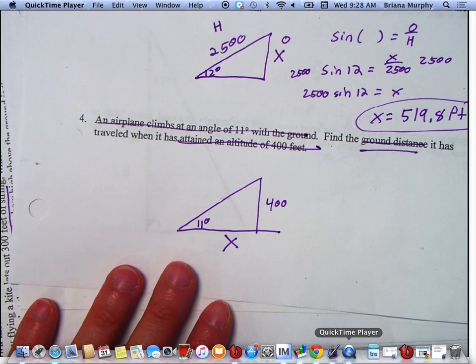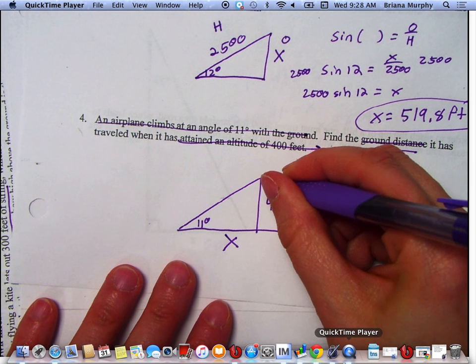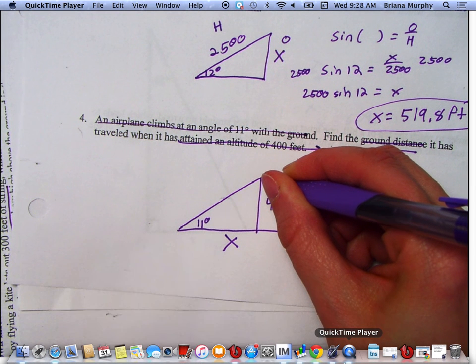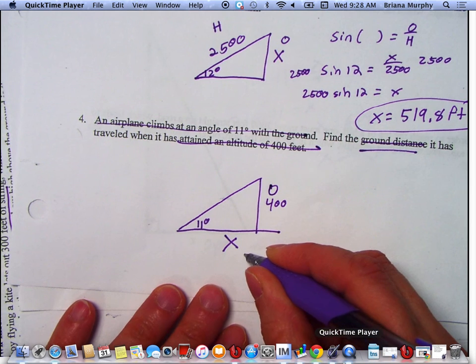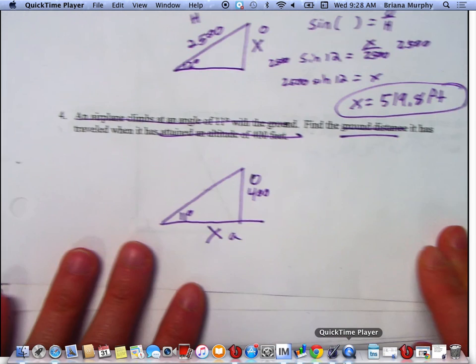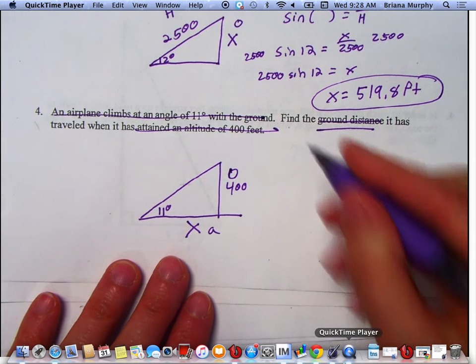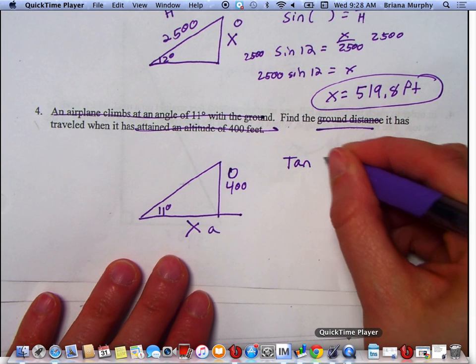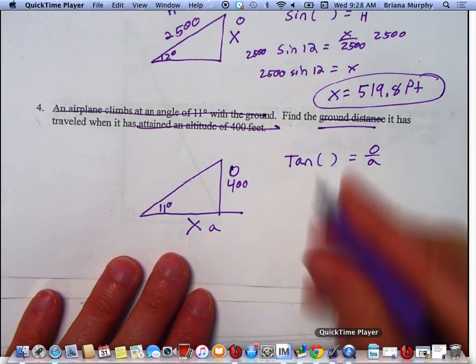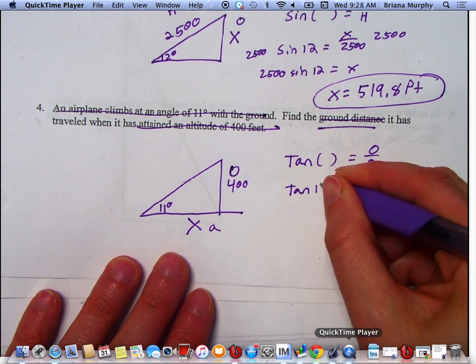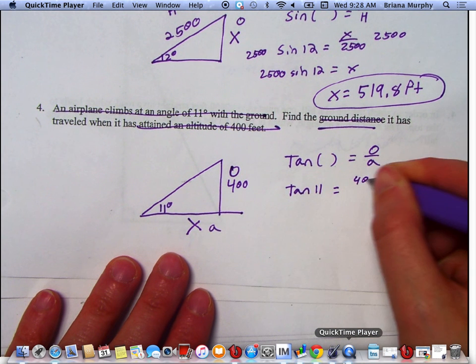Okay? 400 is my opposite, adjacent, or hypotenuse. X is my. So I want to use which one? So tan. Tan of the angle equals the opposite over the adjacent. So tan of 11 equals 400 over x.